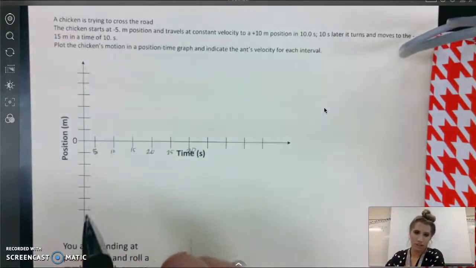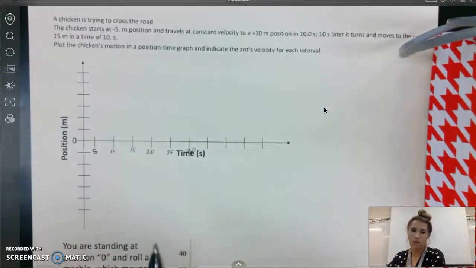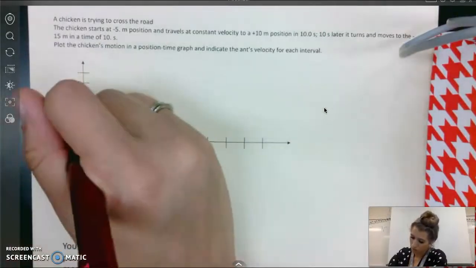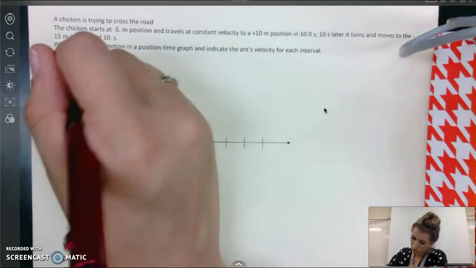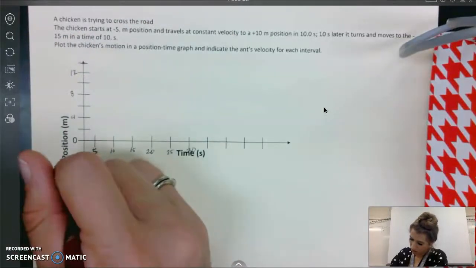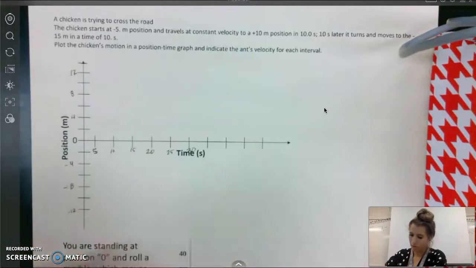All right, so let's call these calibration marks here. Let's call them 2-meter intervals. So we have 4, 8, 12. We're going to add another one up there. And then we're going to have -4, -8, -12.